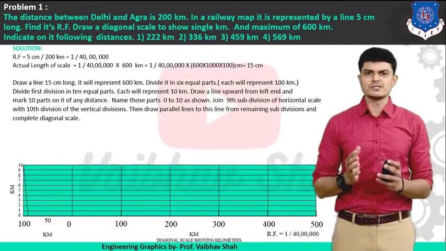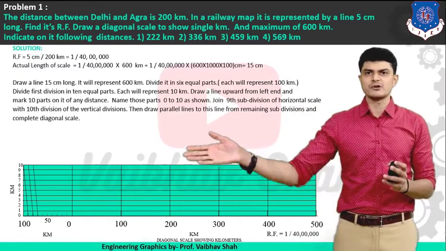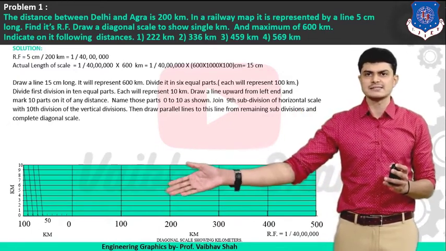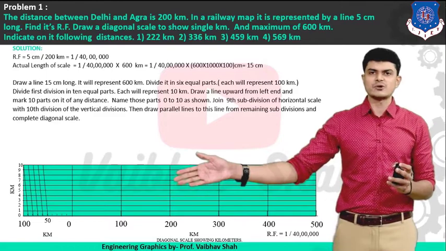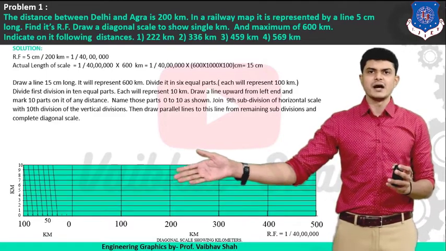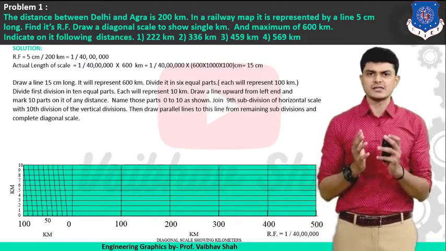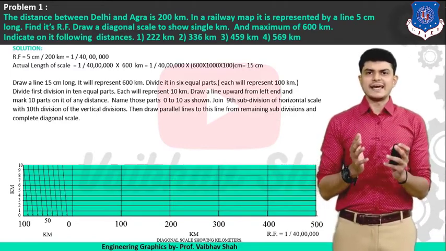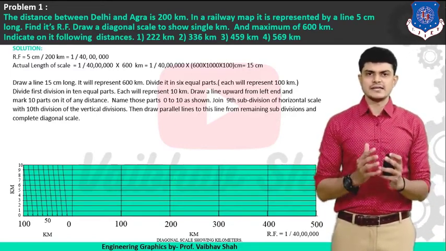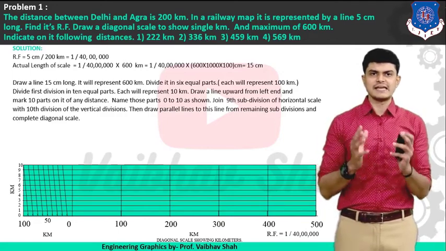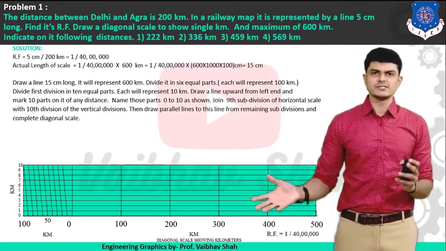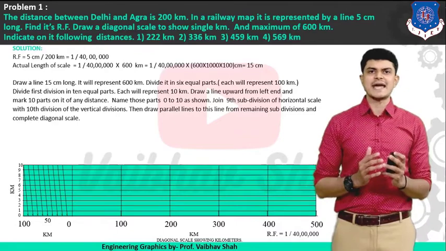And after that you need to draw parallel lines to each of the subdivisions on your horizontal scale like this. If you keep drawing parallel lines until you reach 0 on the scale, then these lines are nothing but your 10 diagonal scales. So now your scale is completely ready. This is your scale, which is nothing but your diagonal scale.